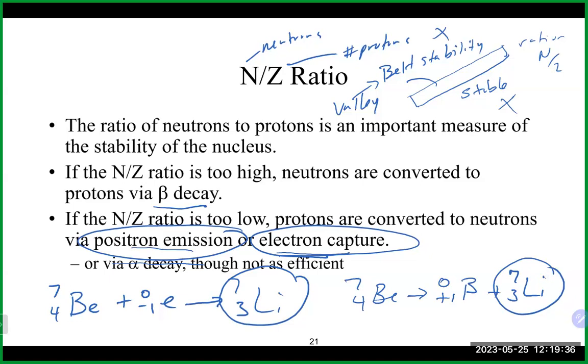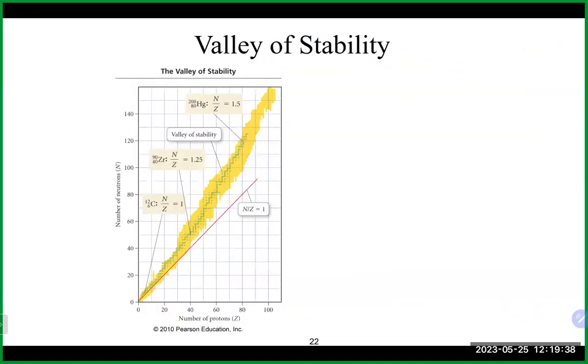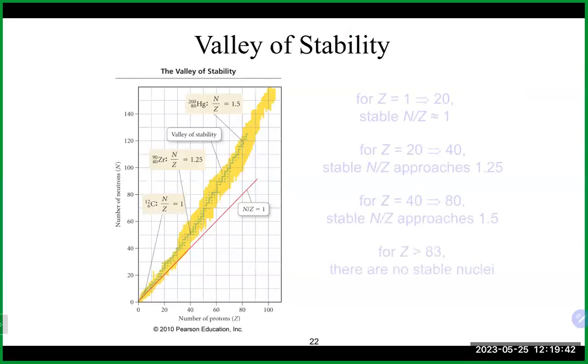Okay, so let's take a look at that belt of stability or valley of stability here. And that is our valley of stability. If you have an isotope or a nuclei that has an atomic number of 1 through 20, the acceptable valley of stability there is basically a ratio of 1.